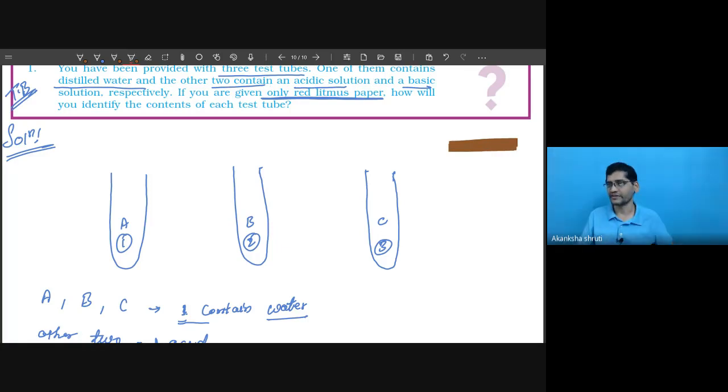No other, blue litmus paper is not available. How to identify? Yes, tell me quickly. हाँ अच्छा आप ही बोलिए. ओके गुड बढ़िया.